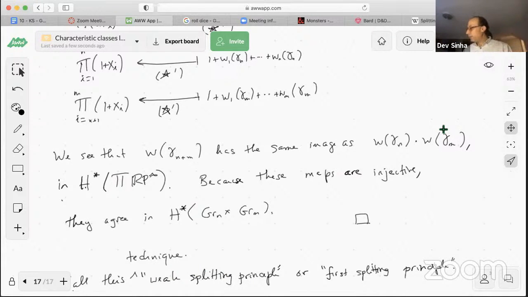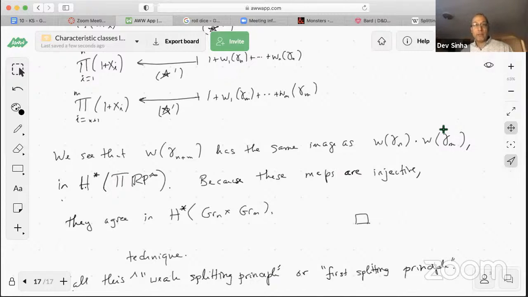I don't know if we'll cover the usual splitting principle till later, but I wanted to say this is a case of that reasoning, because what we were able to do is deduce the Whitney sum formula for any bundle, first through universal example. Well, that's all fine.